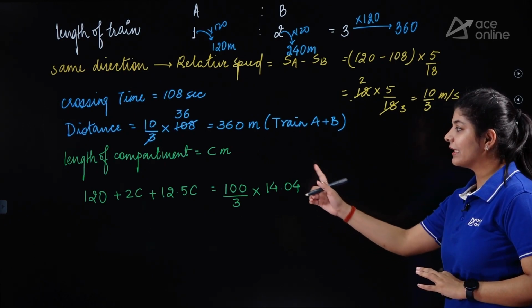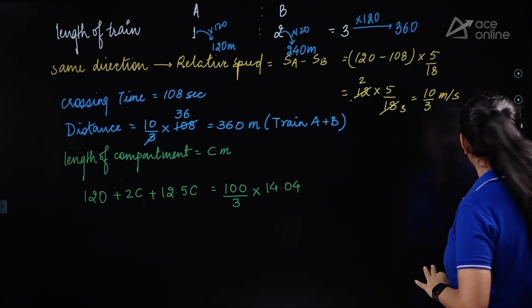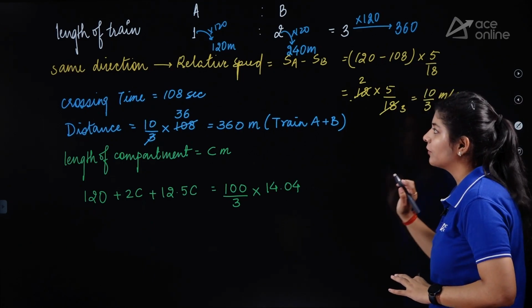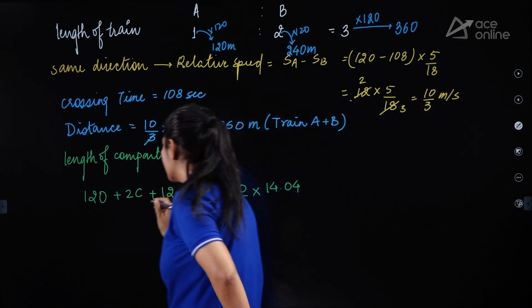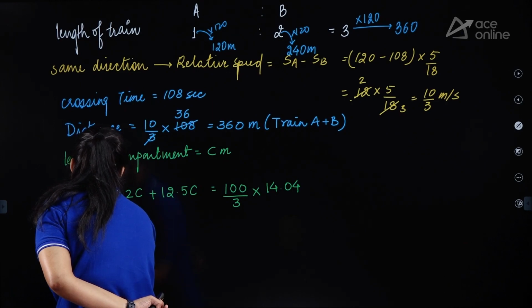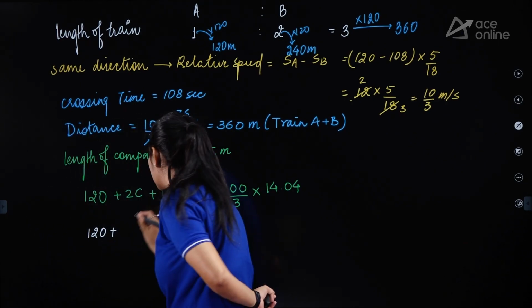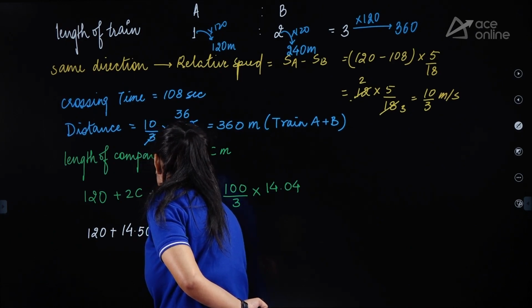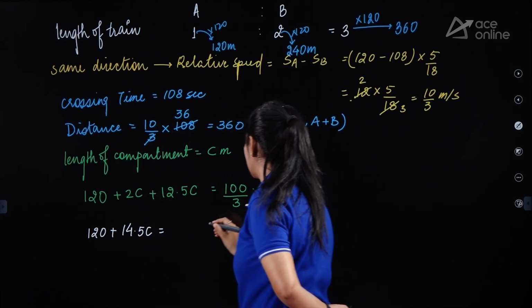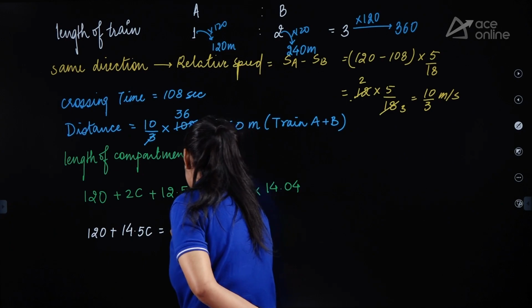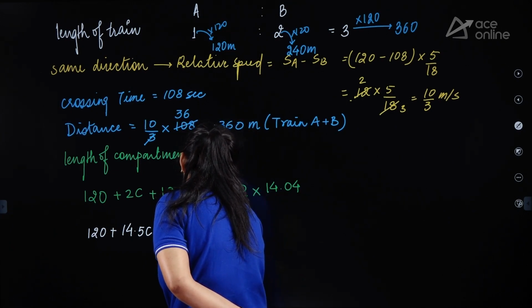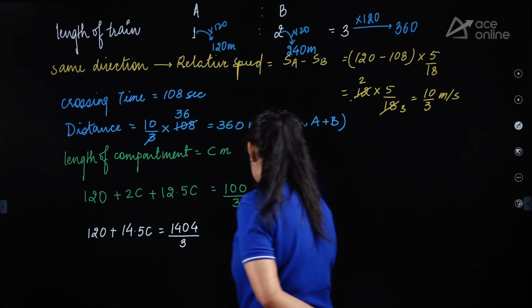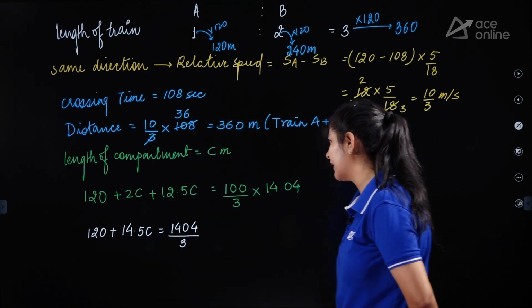So from this we can easily calculate the value of C. So here we are getting 120 plus 14.5 C equals 1,404 divided by 3, right? This is what we have.